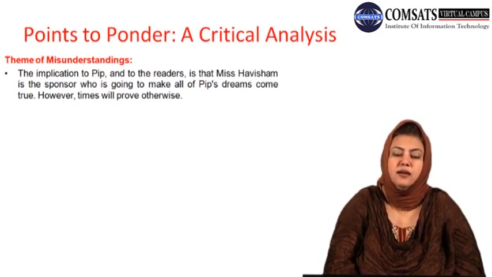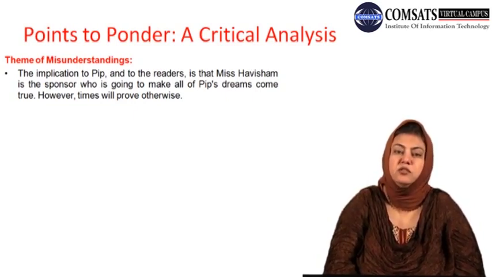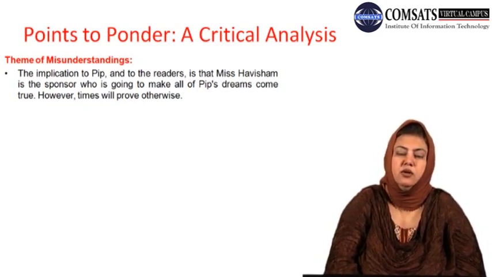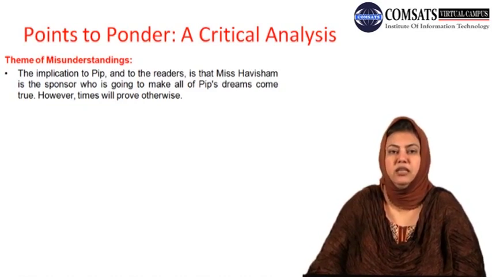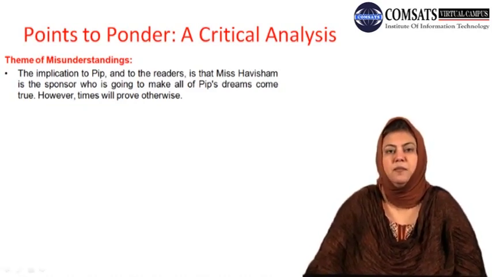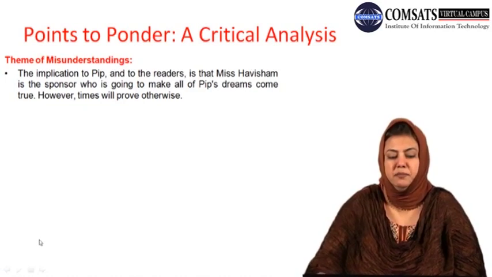So all these things give a kind of wrong clue to Pip as well as to the reader that maybe Miss Havisham is the benefactor, the sponsor of Pip to make him a gentleman by giving him money and to provide him a chance to get education and to improve his manners, etc. However, as time passes, we will see how this misunderstanding leads towards further misunderstandings and how it affects Pip greatly.